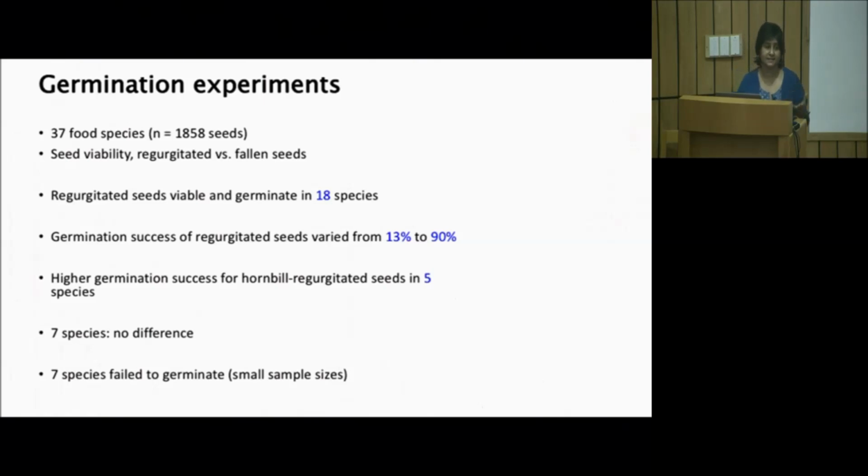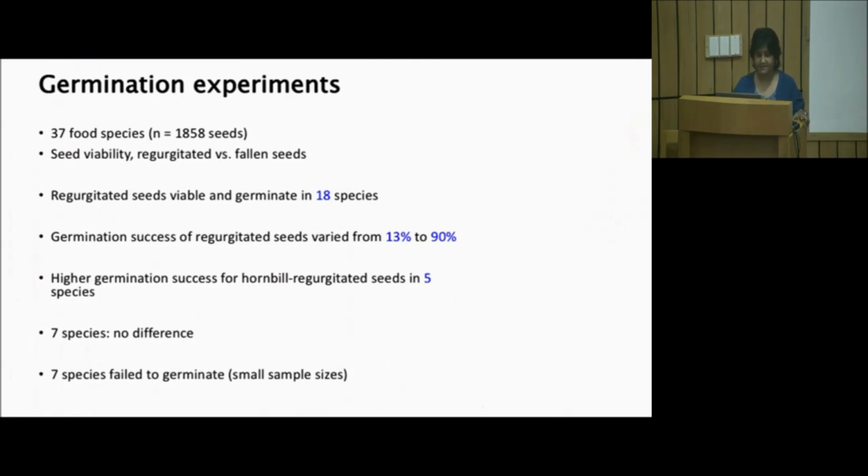I also first tested for seed viability, and I found that regurgitated seeds are viable and germinated in 18 of the species, and germination success of regurgitated seeds varied from 13 to 90%, and for 5 species there was higher germination success when they were regurgitated by hornbills. For 7 species there was no difference. These were with chi-square tests, and for 7 species they failed to germinate, but that is probably because of very small sample sizes.